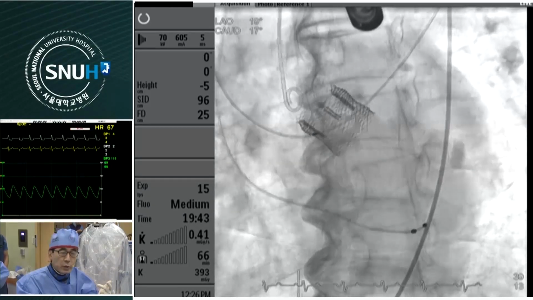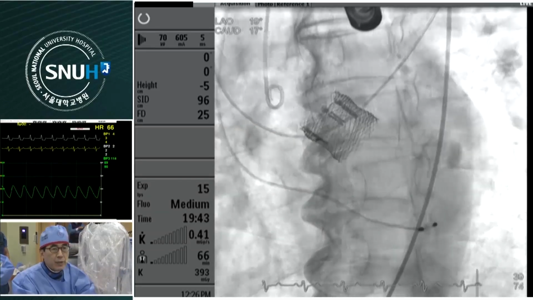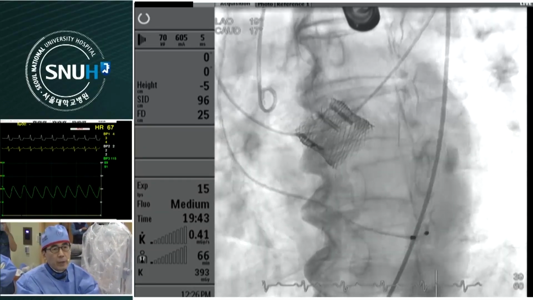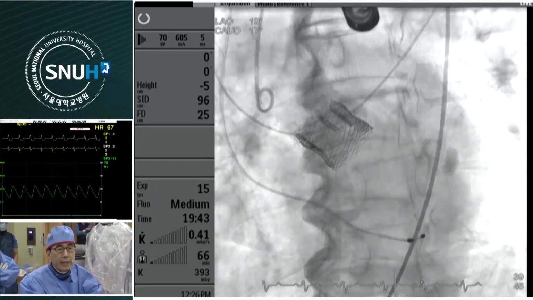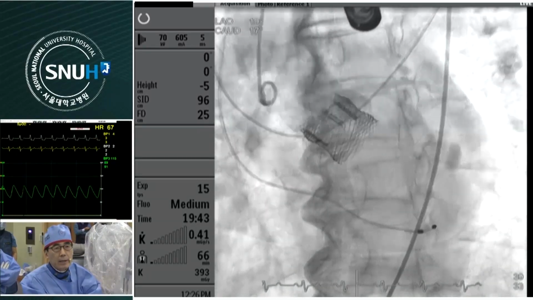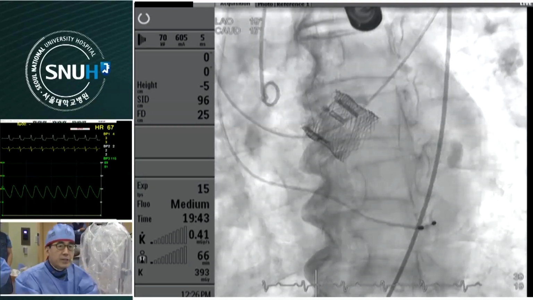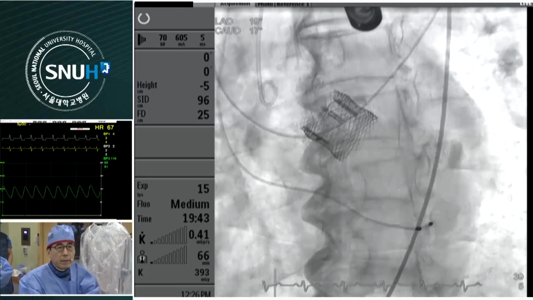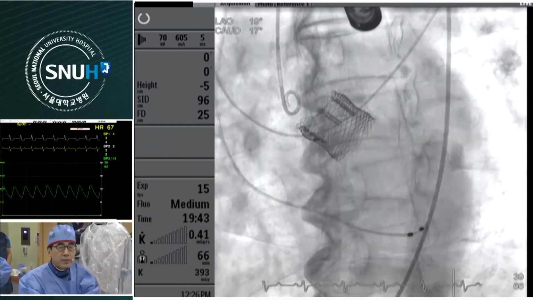Thus, if we become accustomed to the technique, we can manage most of the patients with the LOTUS system with perfect results. But the trade-off is always AV block and aortic safety issue. Thus, with the launch of the new Edge system, we can more easily treat AS patients with perfect results with the LOTUS Edge system.